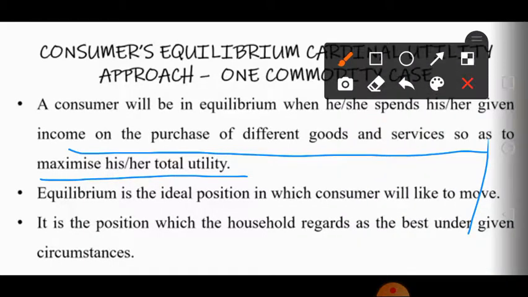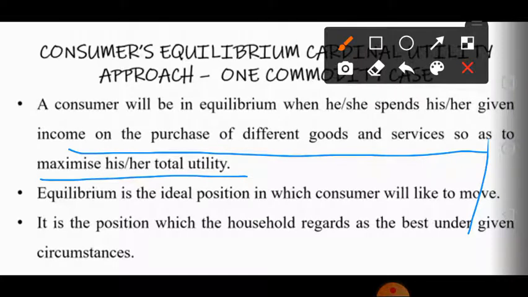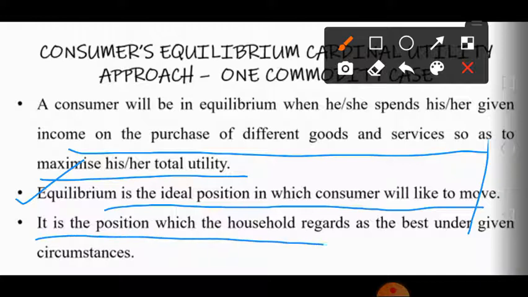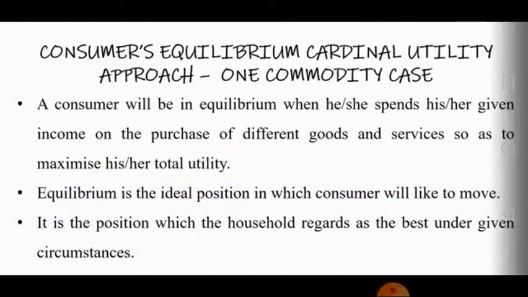Equilibrium is the ideal position from which the consumer does not want to move, and it is the position which the household regards as the best under given circumstances, like getting the maximum satisfaction or the maximum number of goods at the minimum expenditure. That situation is called one commodity case satisfaction.